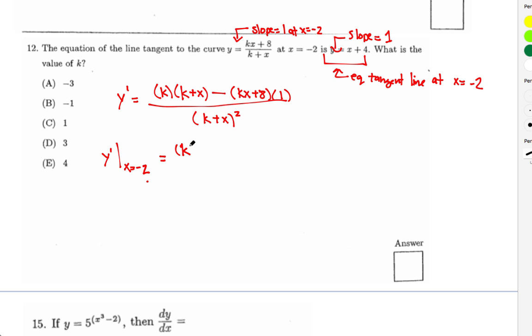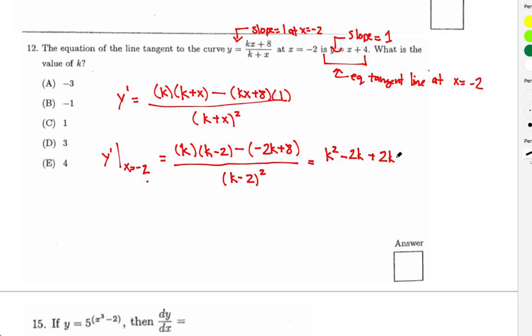We have k times k minus 2 minus k times x, which is negative 2k plus 8, all over k minus 2 squared. And so we simplify that to k squared minus 2k plus 2k minus 8 all over k minus 2 squared. So that simplifies to k squared minus 8 over k minus 2, the quantity squared.